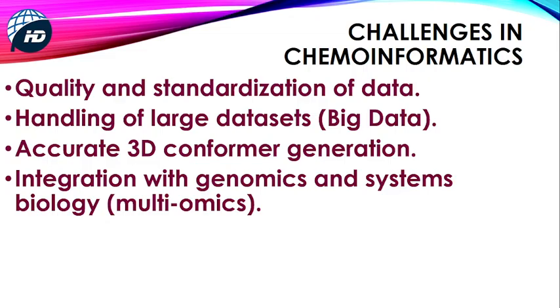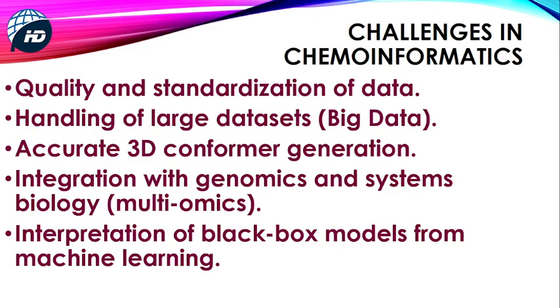Another challenge we have is the interpretation of black box models for machine learning. It's just like everything I'm saying now is coming from my brain, but we don't know if what is being processed in the brain is right or wrong. The only thing we are seeing is the output. When you input a structure in chemoinformatics, you only see the outcome.